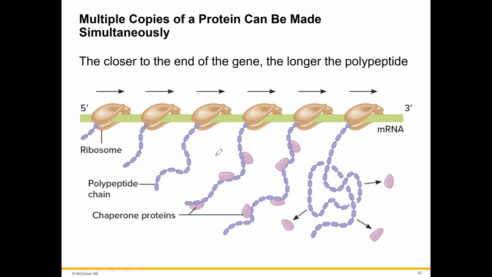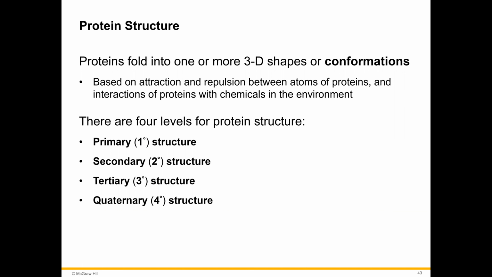Okay, then when we make this sequence of amino acids, we make a polypeptide. To make a functional protein, it must fold into one or more 3D shapes or conformations based on attraction and repulsion between atoms of proteins and interaction of proteins with chemicals in the environment.